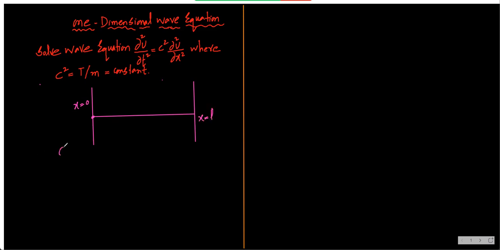Now our given wave equation is ∂²u/∂t² = c² ∂²u/∂x². Let us take this as equation number 1.